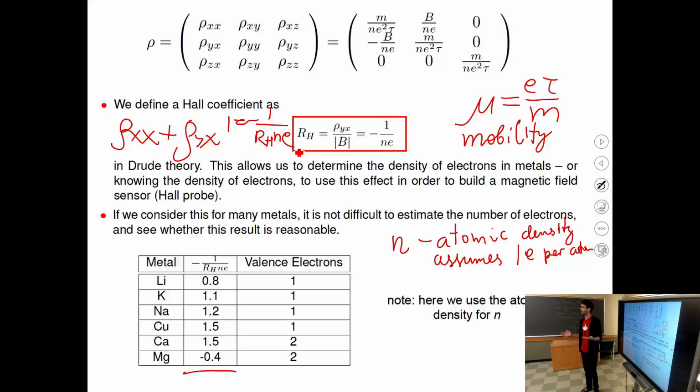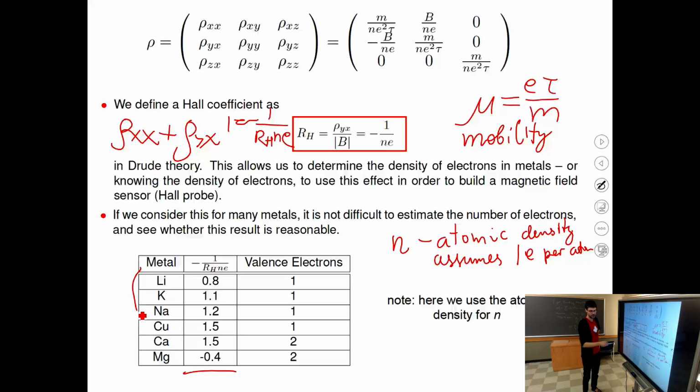This would be a pretty good guess for that. And so for a number of materials, you have quite interesting results. For example, these ones here, lithium, potassium, sodium, are doing pretty good, right?